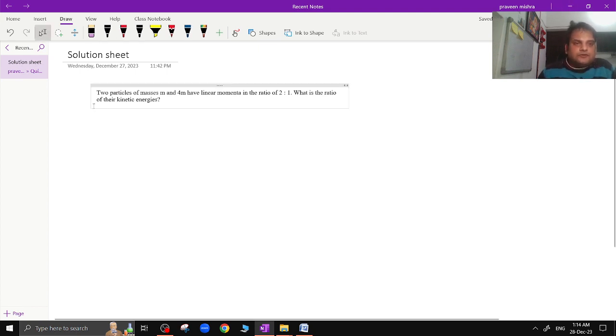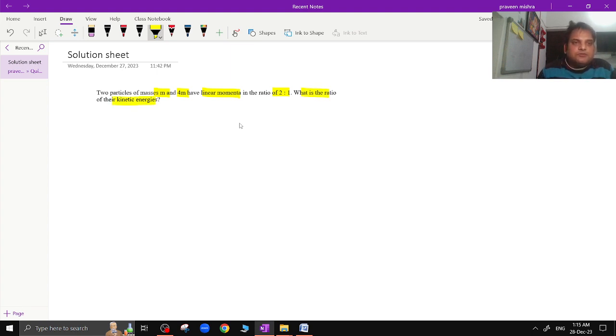So we are going to take the first question. In this question they have given you two particles, one of mass m, another of mass 4m, and they have given the ratio of their linear momenta as 2 ratio 1. Then you have to find out the ratio of their kinetic energies.